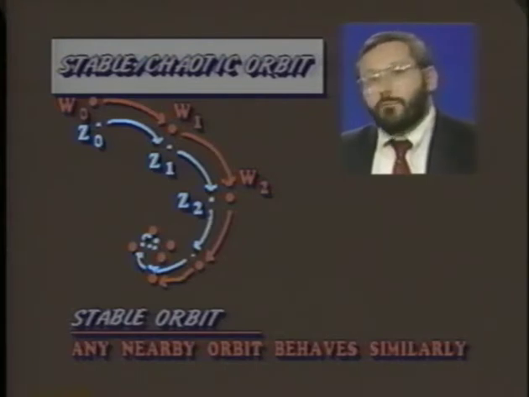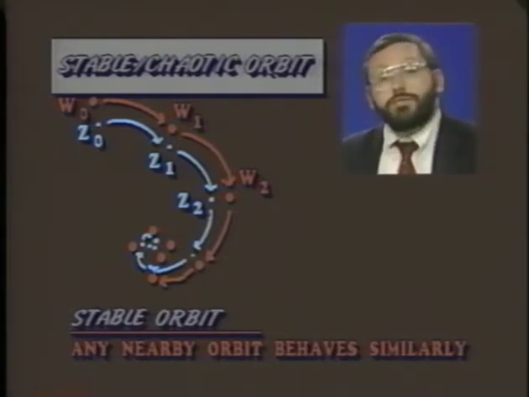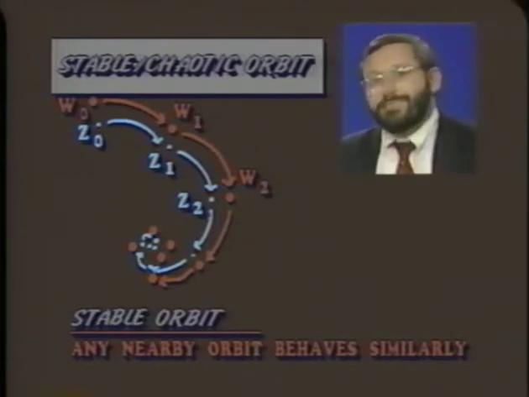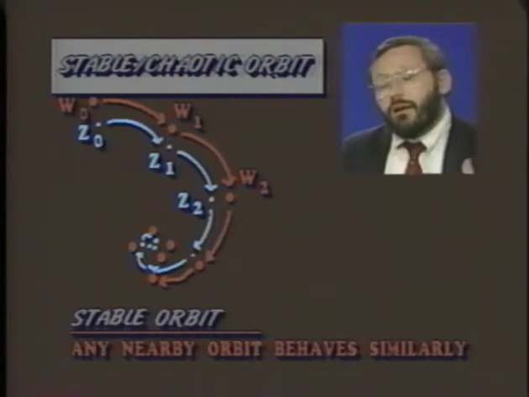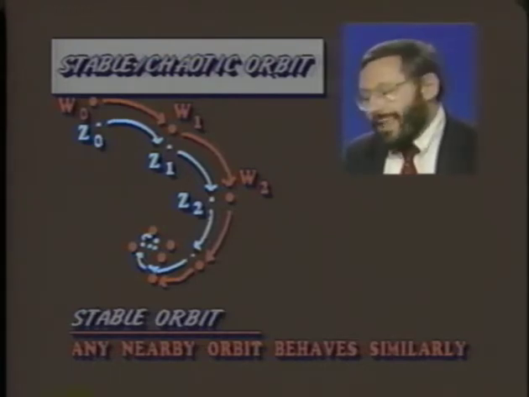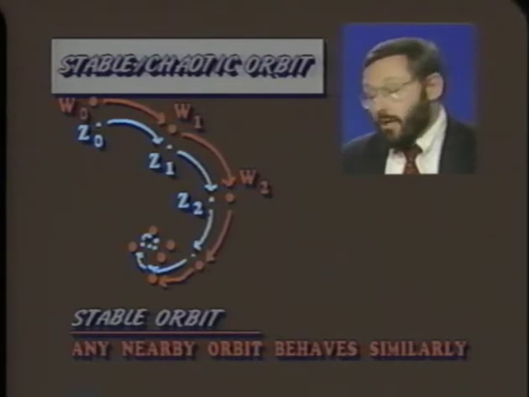Orbits that have this property are called stable or predictable. Stable orbits turn out to be the good orbits, the nice orbits in a dynamical system. Stable orbits are the orbits that have the property that any nearby orbit behaves essentially in the same way.